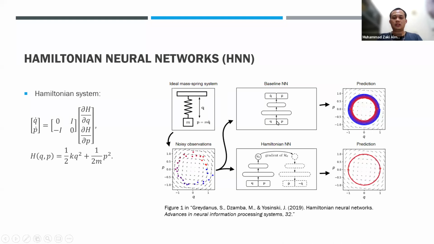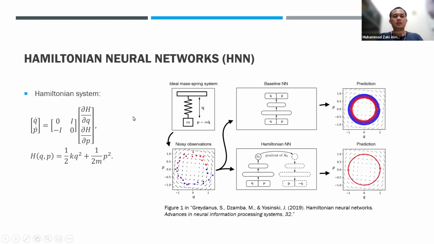So basically in the baseline neural networks, what people do is that they have the states as the input, and then they directly predict the time derivative of the states.